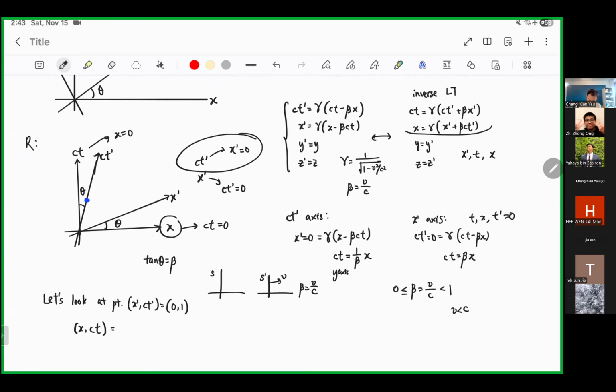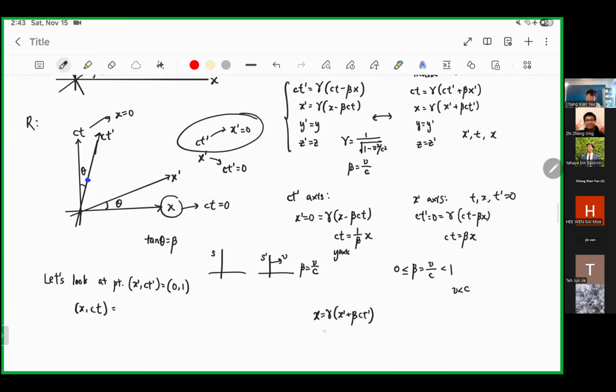So x is gamma (x prime plus beta ct prime). x prime is 0, so it's gamma beta c. Let me check the units. Yes, the units are correct.